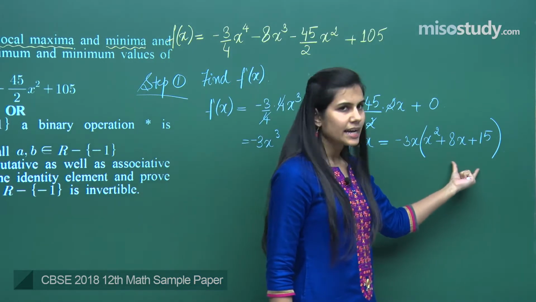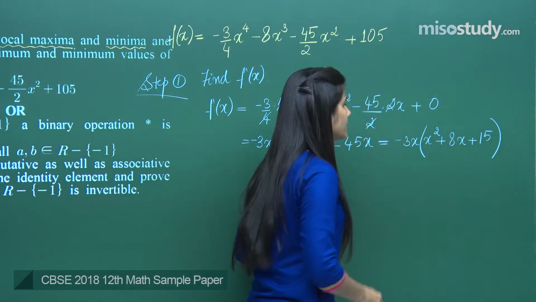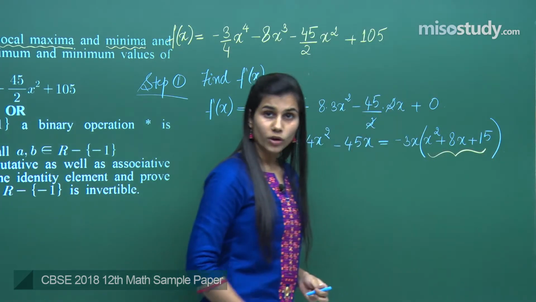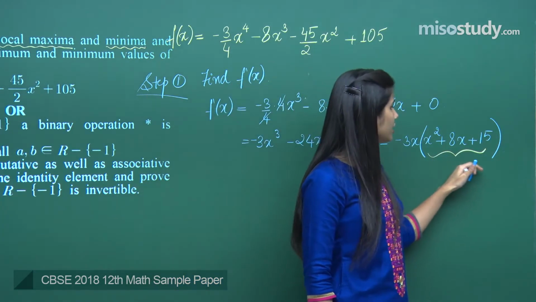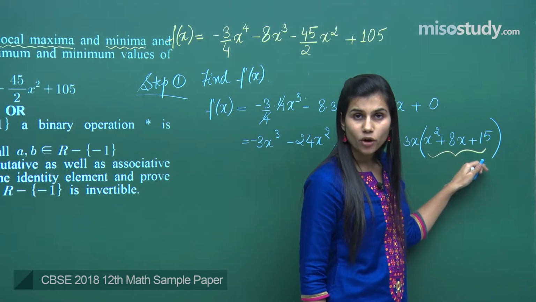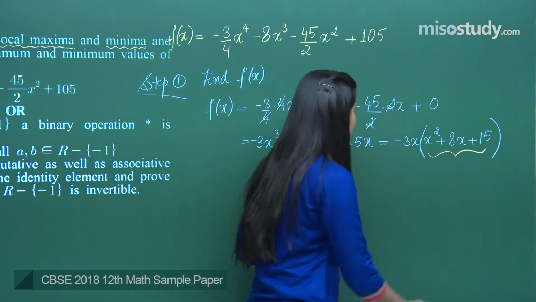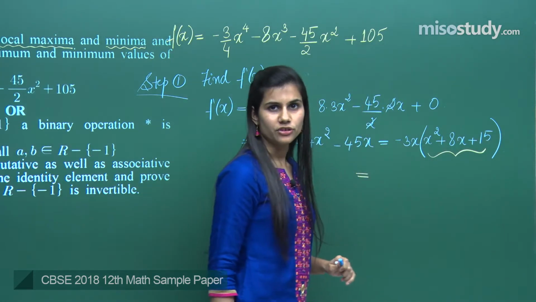This is what you get inside the braces. Now obviously you can see that this is a quadratic equation, and you know how to break the middle term of this quadratic polynomial and simplify this expression.